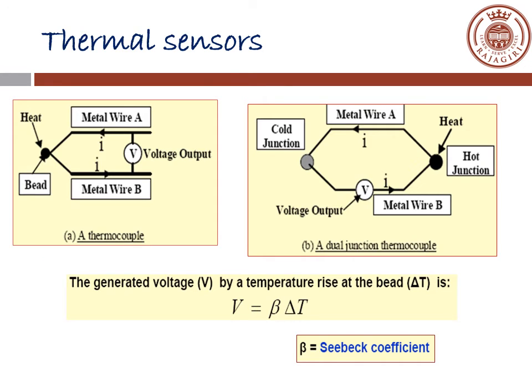We'll start with the first kind of thermal sensor, the thermocouple. Thermocouples are the most commonly used heat sensing devices, and the operating principle, as I said in the previous slide, is the electromotive force produced at the open end of two dissimilar metallic wires when the junction of the wires, known as the bead, is heated.